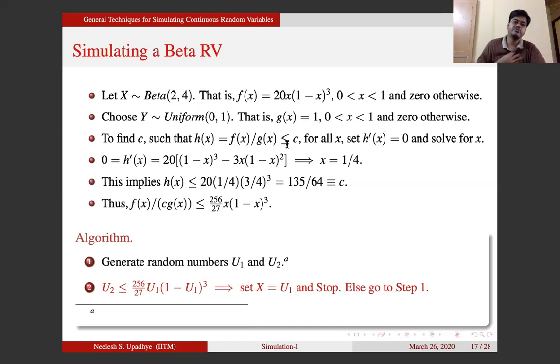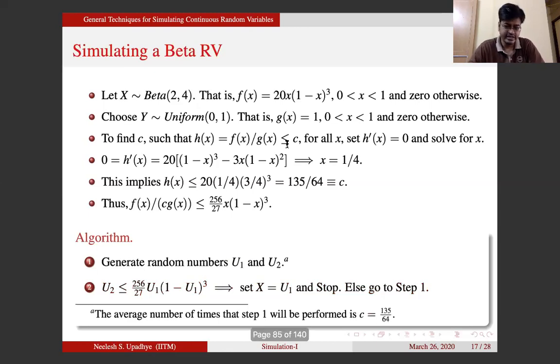Now, how many times do I need to compute step 1? We have already seen that this will follow a geometric distribution. In particular, the average number of times step 1 will be performed is c, which is 135/64.